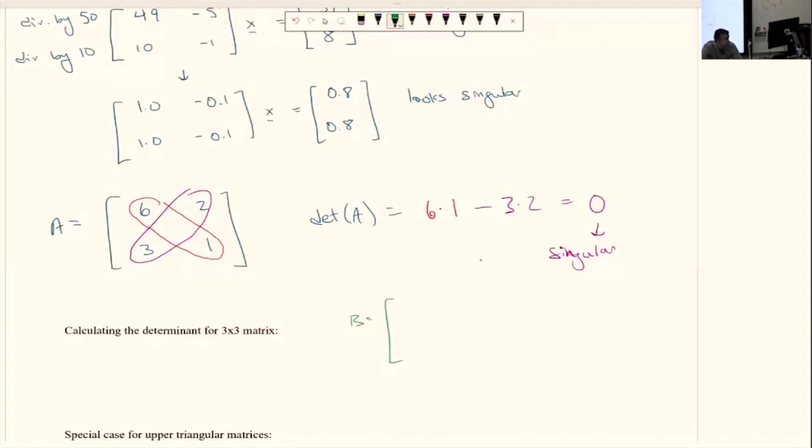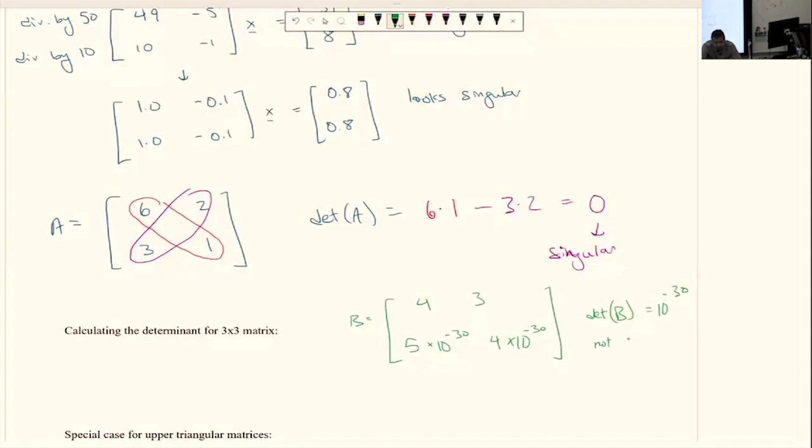So let's say I have a different matrix, B, which is 4, 3, 5 times 10 to the negative 30, and 4 times 10 to the negative 30. If I take the determinant of B, that's equal to 10 to the negative 30.